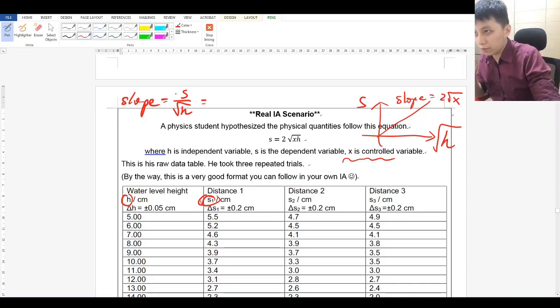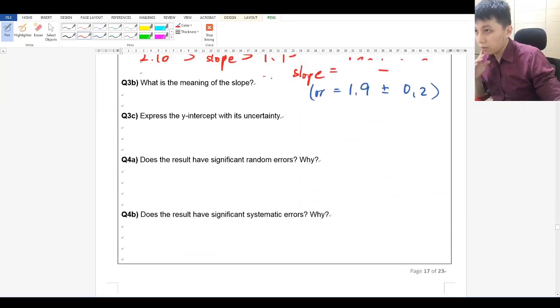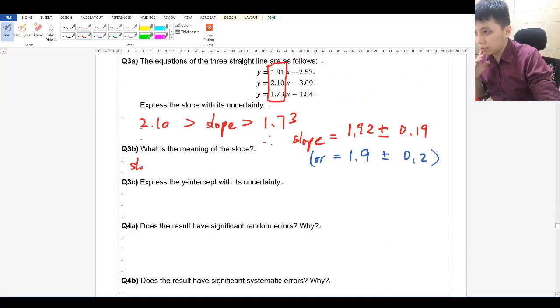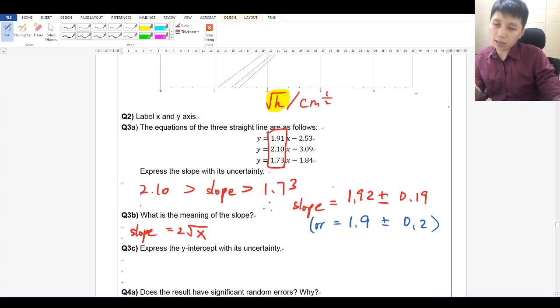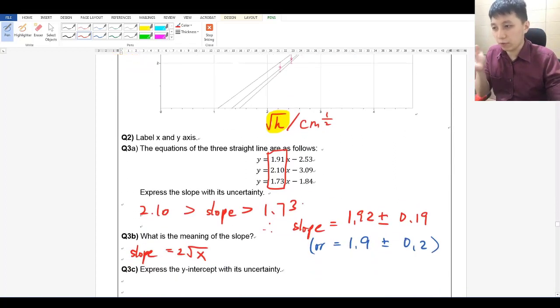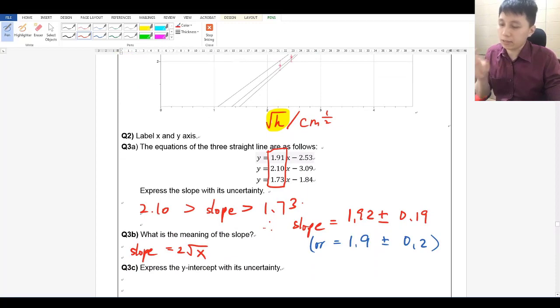Of course, there will be delta here, but let's just ignore it. If you rearrange this formula, then we should get 2 root x. So that means this is the meaning of the slope. You can say slope actually means 2 root x. And of course, x is something that I kind of hide here in the actual context, that you can refer to whatever the physical meaning of it.